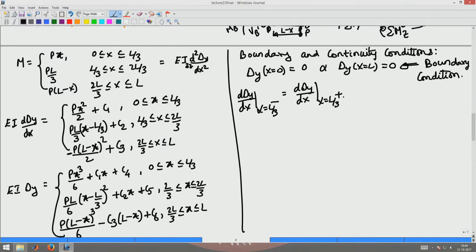To the left means I use this equation to compute d delta y by dx, and to the right means I use this equation to compute dy by dx at L by 3.